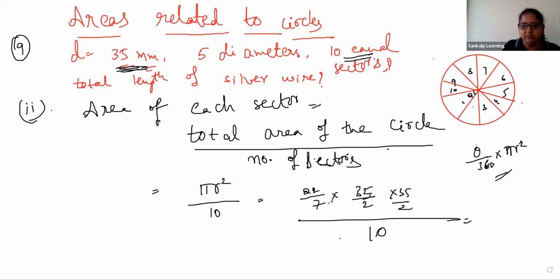So that is equal to 7 1s are 7, 7 5s are 35, 2 1s, 2 11s. 5 5s are 25, 5 3s are 15, so 1925 by 2 divided by 10.